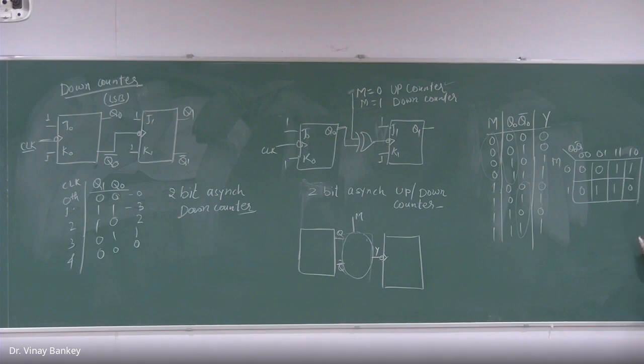There can be 3 implicants, but the essential or the prime ones will be these. So what is this? This is M Q bar plus M bar Q, where this is capital M bar Q. Is it clear?